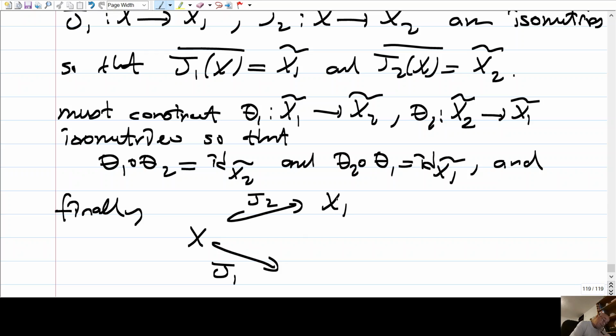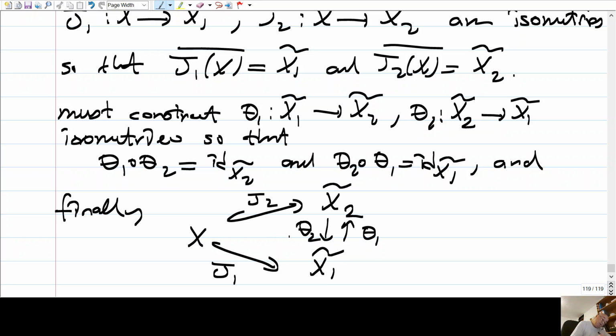Here I have X2 tilde, X1 tilde, and here I have this gadget. So this is theta 1, theta 2, and this diagram commutes. So if you follow arrows this way or this way, you will get the same result.